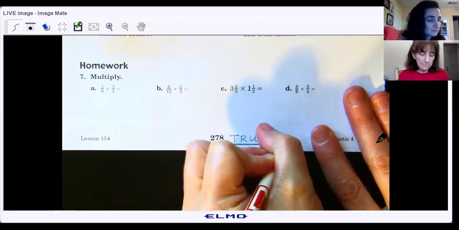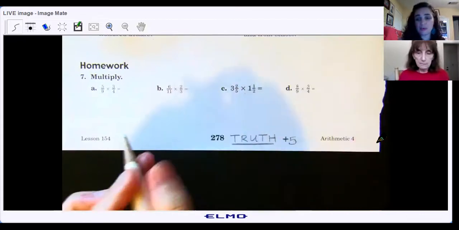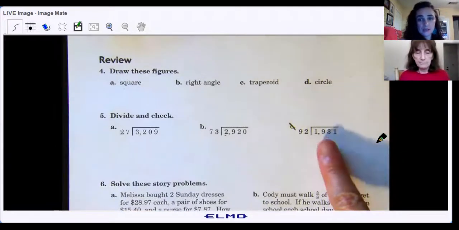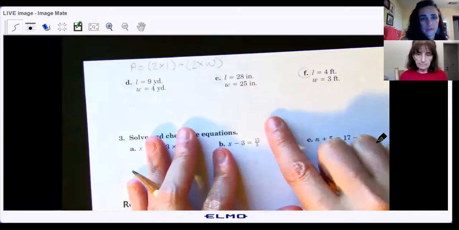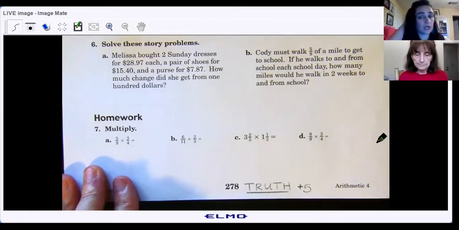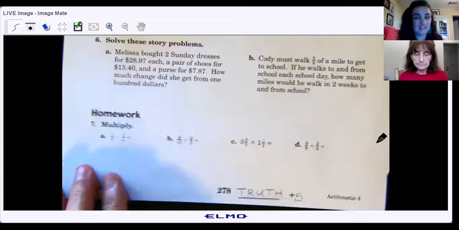I'll give them 5 points. 5 extra points on your homework, so you can get up to 105. So if you watch the video, you know that you do not have to do C. You know that you have to use this equation when you're solving your perimeters. You also can earn +5 by just putting the word truth in capital letters by the bottom of the page. That's just for doing your assignment.